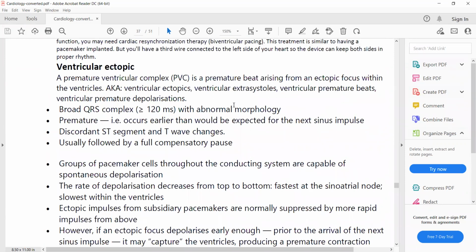First of all, remember the criteria for ventricular ectopic. The criteria for ventricular ectopic is broad QRS complex followed by discordant ST segment and T wave changes.